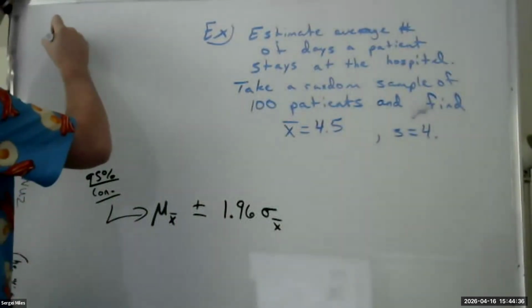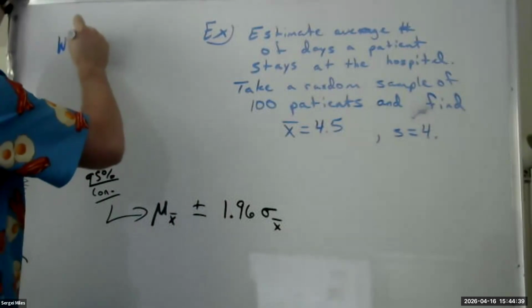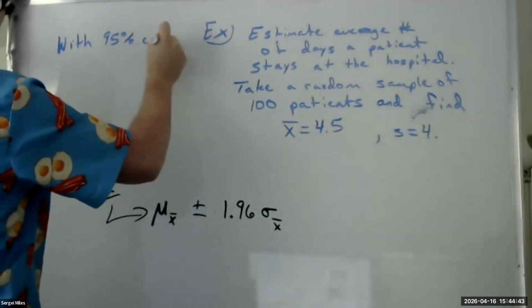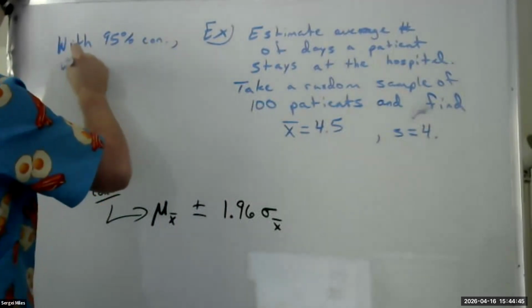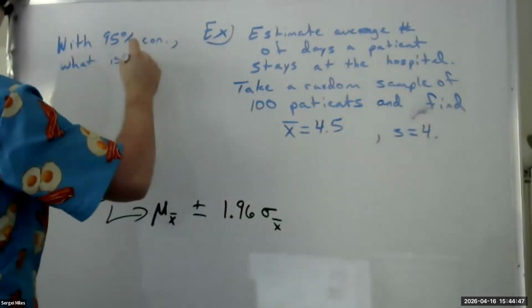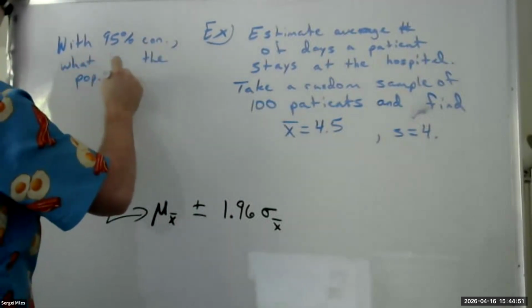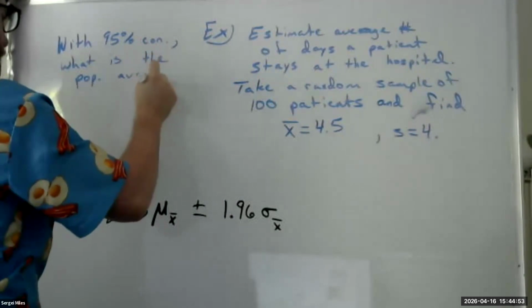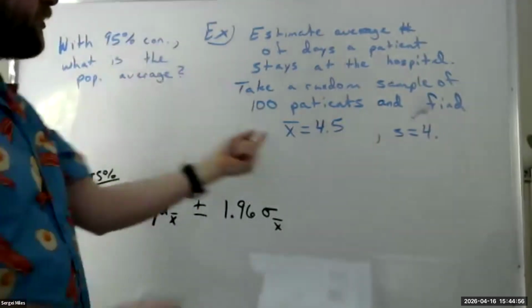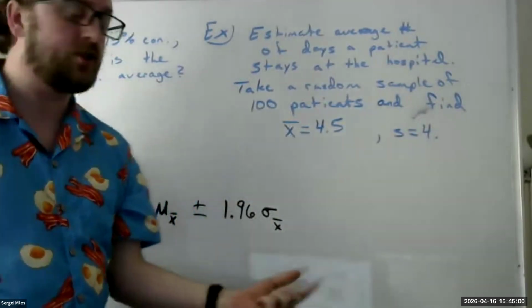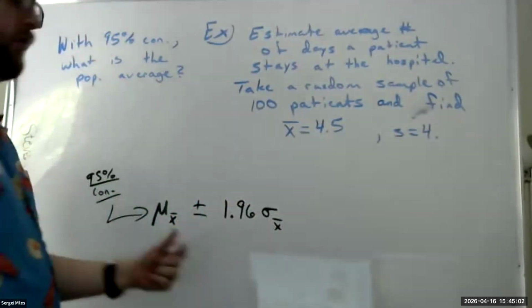Okay, so this is the information they have, which has been collected from the sample that they've gathered. So now, with 95% confidence, what is the population average? Right? Because this is only a sample average from the sample of 100 patients. We don't know if this is the true average. So we're going to create an interval.